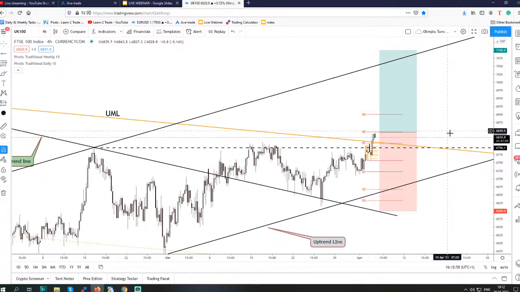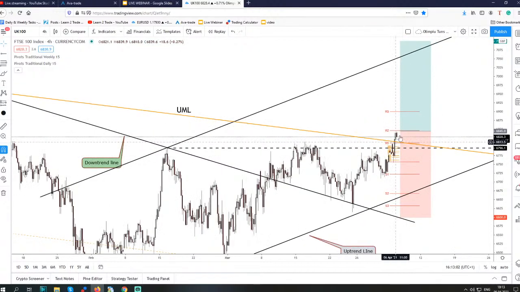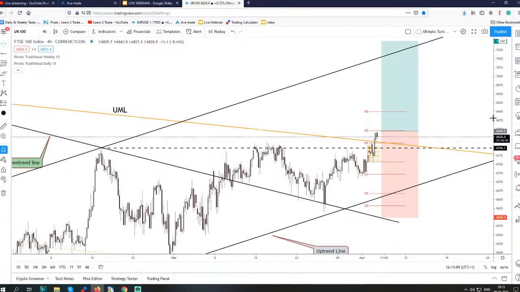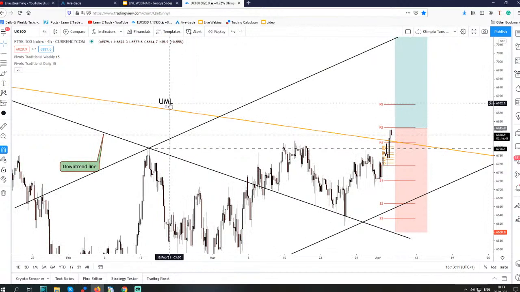Yes, personally I believe that the FTSE 100, the UK 100 will reach the entry level, and it could continue higher. Maybe in the short term we'll have also a retest here of the R1, also the upper medium line retest, maybe a consolidation here.